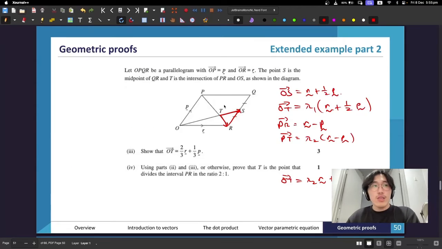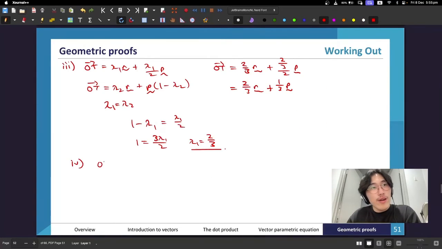So TS will be OS minus OT, which is equal to R plus half P minus 2 on 3 R minus 1 on 3 P, which is equal to 1 on 3 R plus 1 on 6 P.